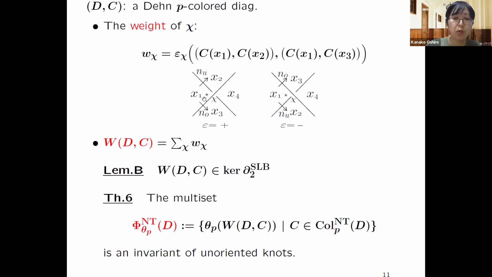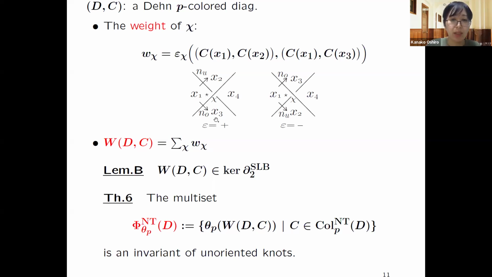I chose this crossing with this star, and we name this region X1, and we name this region X2, which is adjacent to X1 by this under arc. And we name this region X3, which is adjacent to X1 by this over arc.